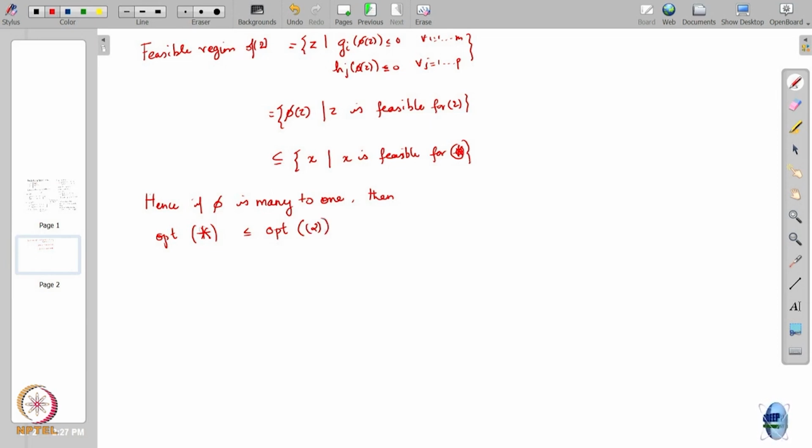Now, this is a canonical mistake that many people make, where they make these changes of variables without checking if the function is 1 to 1.